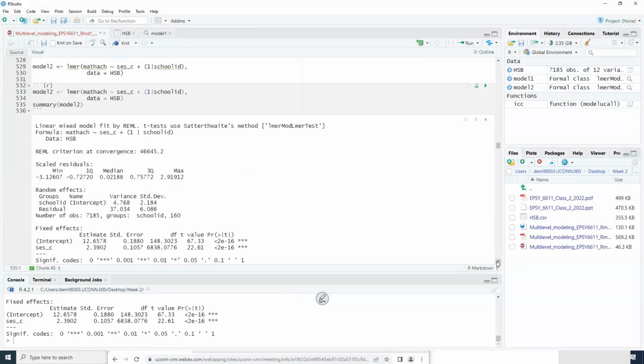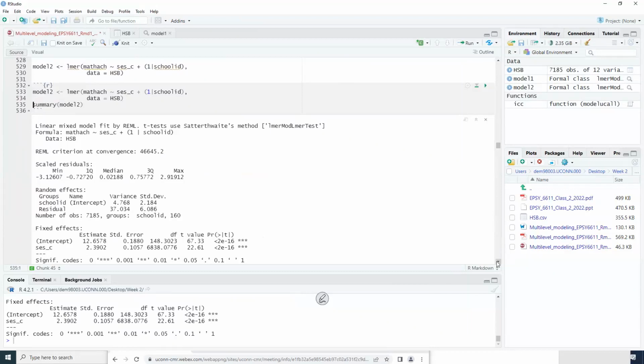So basically, for a person of average SES, not knowing anything else, we'd expect to see a math achievement of 12.66. And that, again, should be pretty close to the overall average.